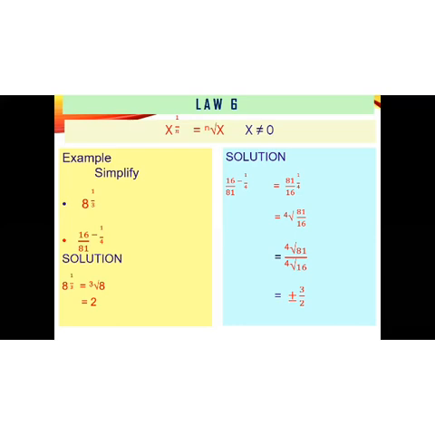Okay, let's go to law 7. This is also a law that has to do with a fractional index. So you have a fractional power here. Now, in this case, you do not have 1 over n as your power. You have m over n. So there's a number in the numerator, m, and there is a number in the denominator, n.